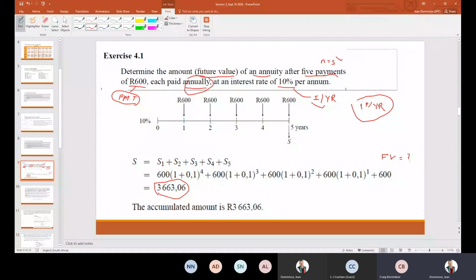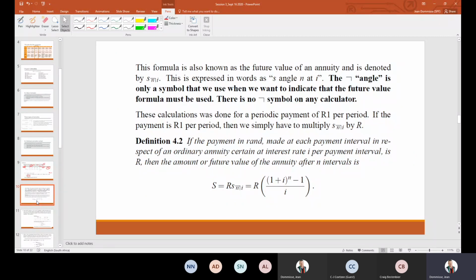Okay, awesome. That is the nice thing, you will now see the next few questions follow nearly the same process. Once again, I'd rather work with a calculator than with a formula like that.